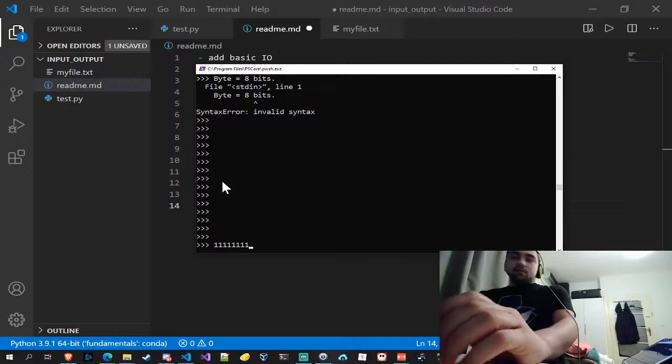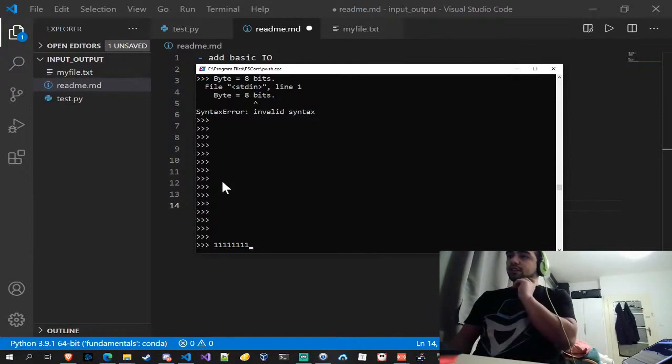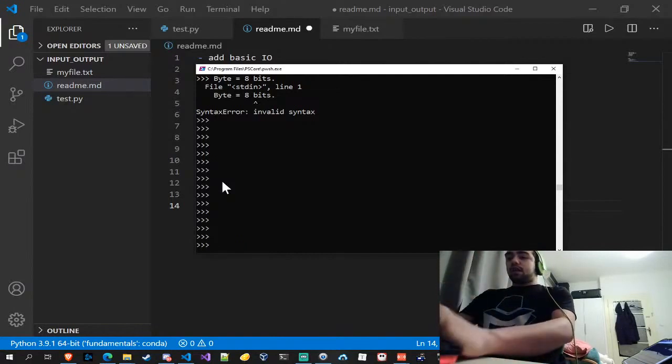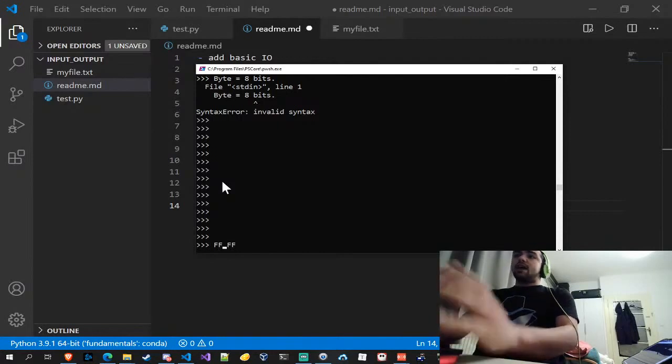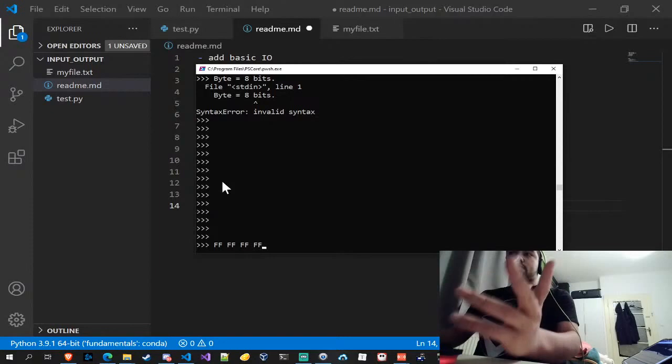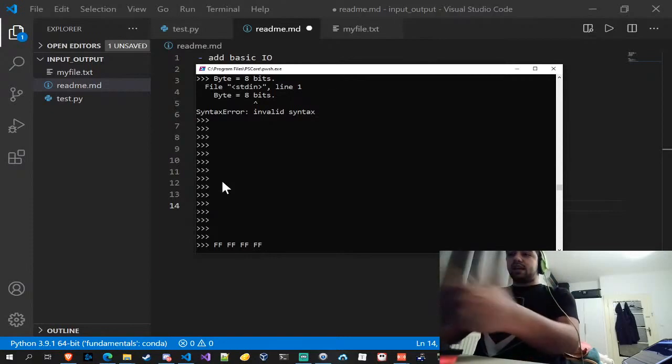So if FF represents a byte, then FFFF represents 2 bytes, then 3 bytes and 4 bytes, and so on, right? But again, it doesn't have to be FF.